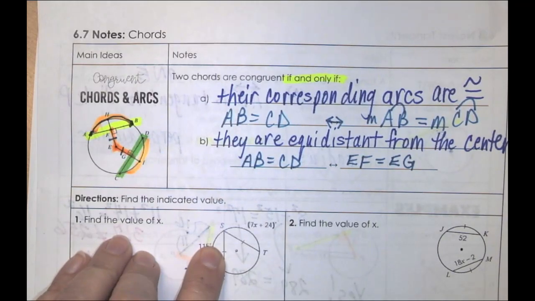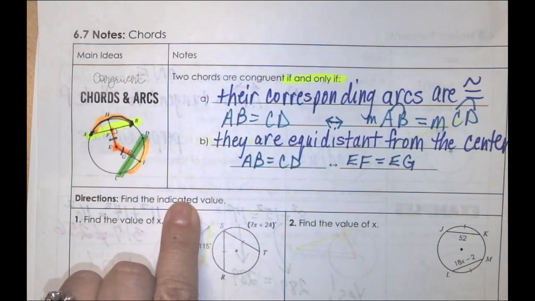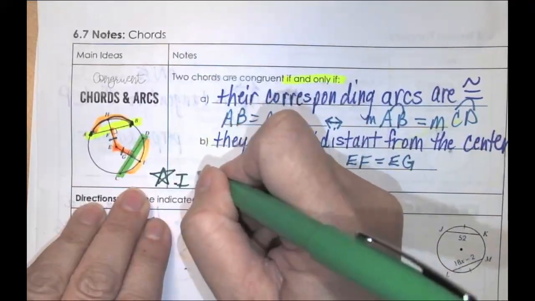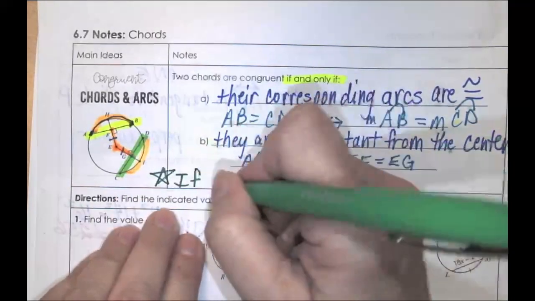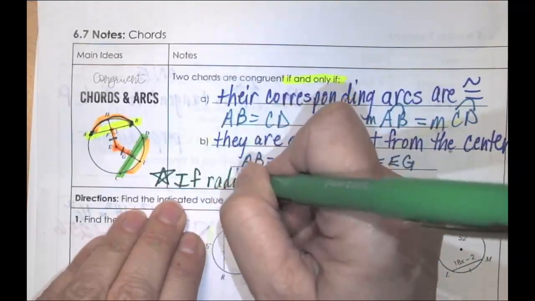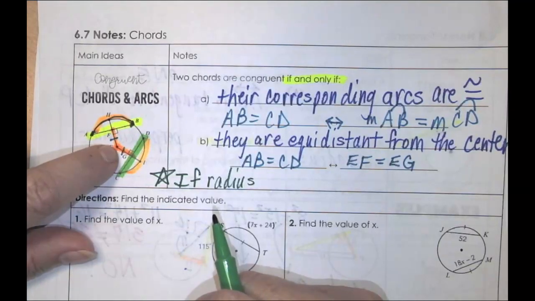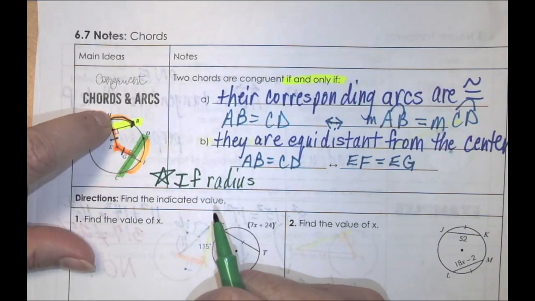Now, the other thing that I apparently left out of your notes that we really need to know is marked here. It's marked perpendicular. So if the radius, now you can see that this distance that I measured to the chord, if it kept going to the edge of the circle, that would be a radius.